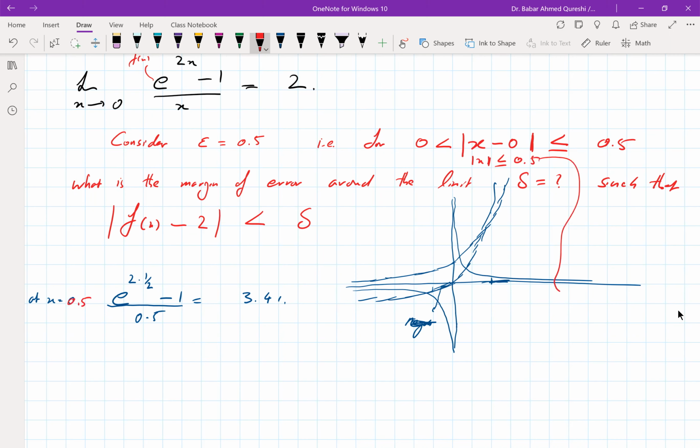So from here, I have x less than 0.5, but greater than minus 0.5, but x is not equal to 0. So I get 3.44. And at x is equal to minus 0.5, I get e to the minus half, which gives me minus 1.